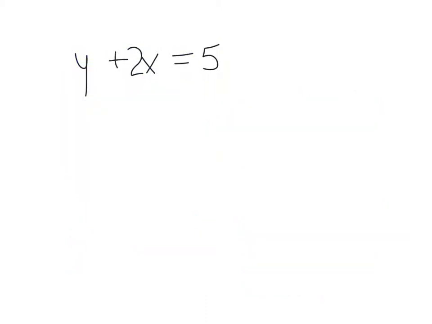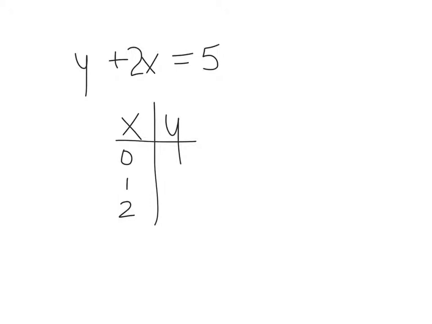So if I have this equation here, y plus 2x is equal to 5, and I'm trying to figure out the values that work for it, what I'm going to do is set up a chart here, an x and a y chart. And let's say I always choose 0, 1, and 2 for my x values.